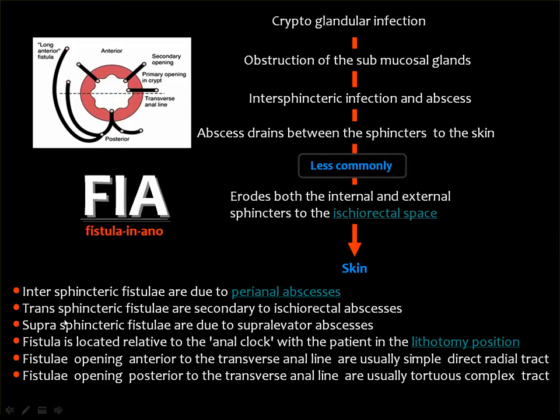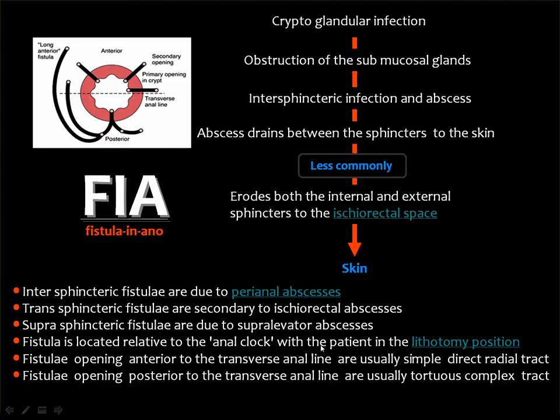Then, intersphincteric fistula is due to perianal abscess which tracks between the sphincters. Transsphincteric fistula may be secondary to ischiorectal abscesses going through the sphincters, and then you have the suprasphincteric. I will explain after that.